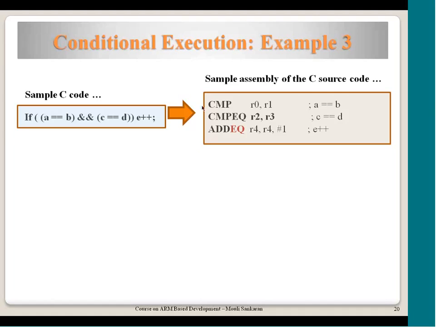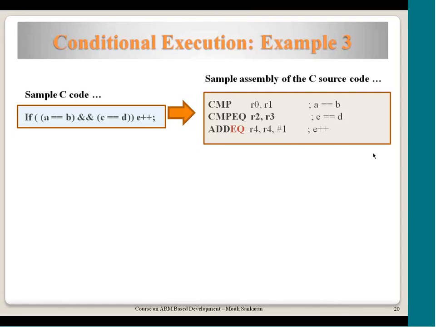Yes, because you want this condition to be available for deciding whether E++ should be done or not. So compare EQ will compare the C and D values and then either set or clear the zero flag. If they are the same, the zero flag would have been set. That will make the ADD execute because ADDEQ is there. So this is executed based on the CPSR contents from this compare instruction. That is what is integrated in the C program too.